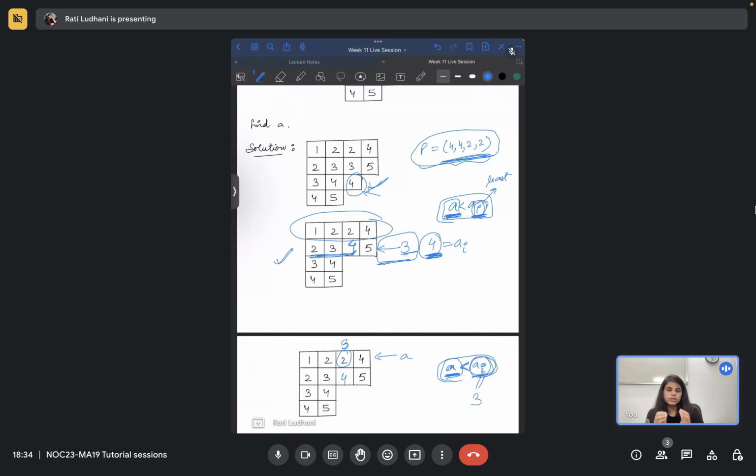So that number, that 4, from where 4 must have been replaced, that you need to figure out.